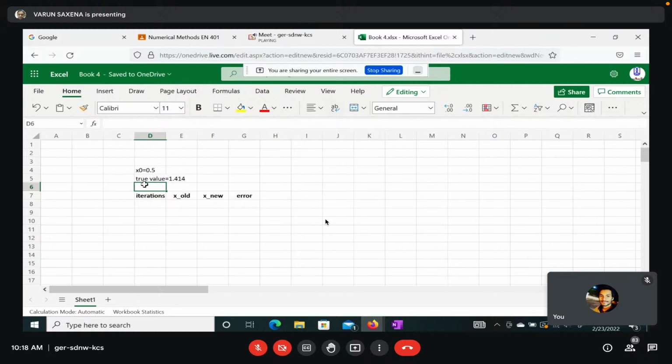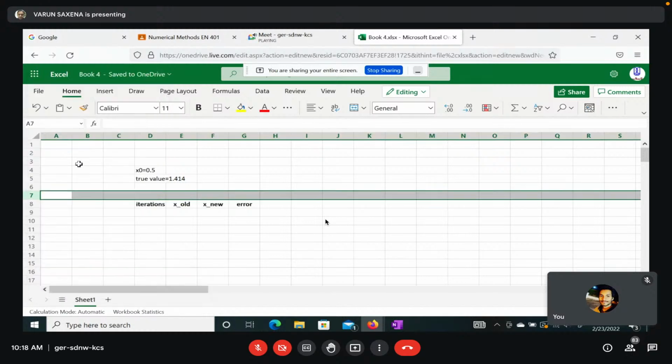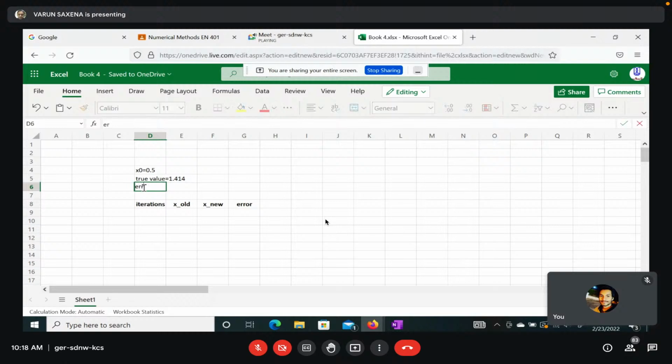Error is nothing but the absolute value of the true value minus x. The reason why we're taking the absolute value is because we're not really interested in the positive or negative sign. We just want to know the magnitude of the error. All right.